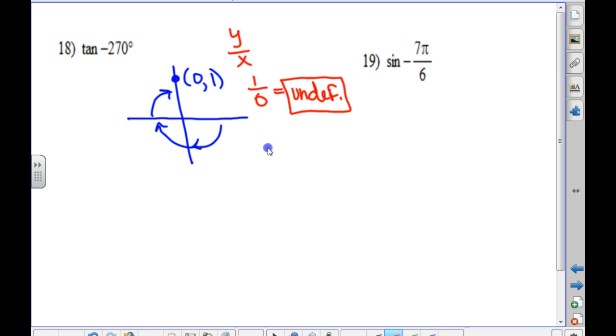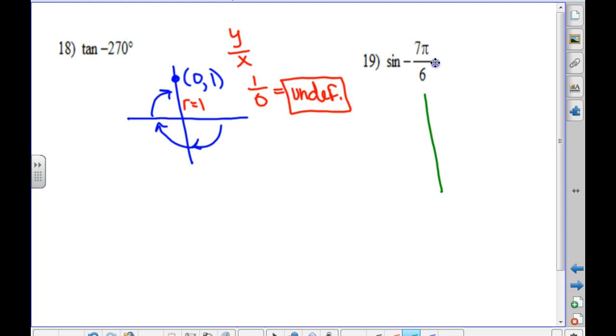If it had been the cotangent, it would have been 0 over 1, which is 0. If it had been the cosine, it would have just been 0. It's x. Because the r here is just 1, the radius out here is 1. So sine is 1, right? Sine is 1, yep.